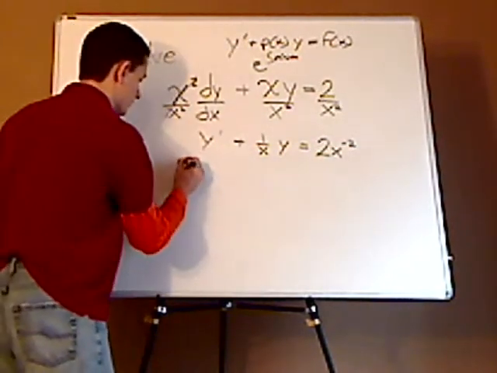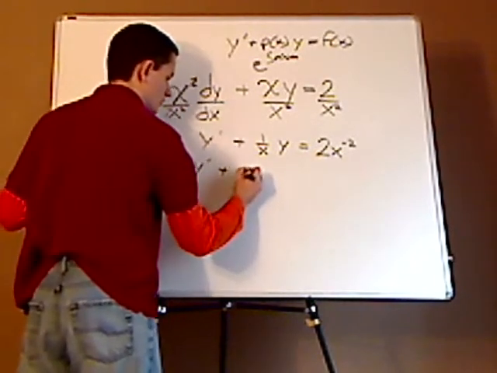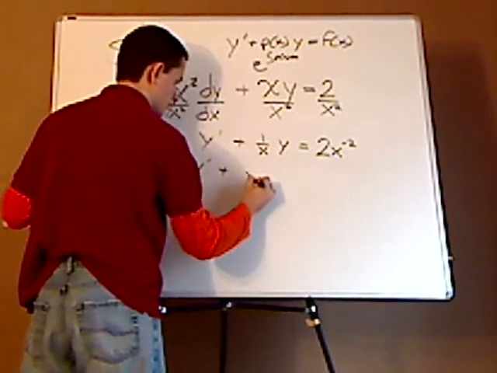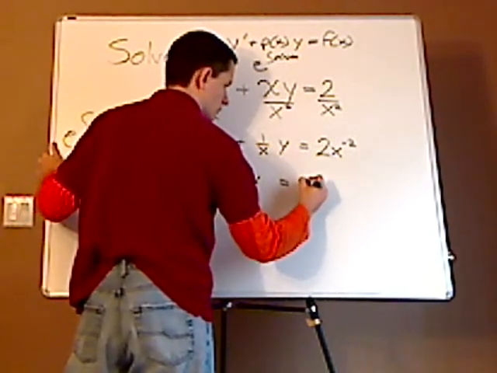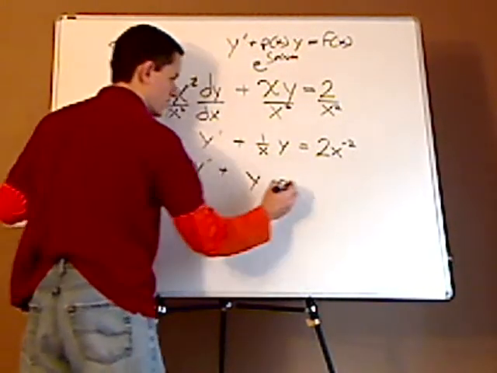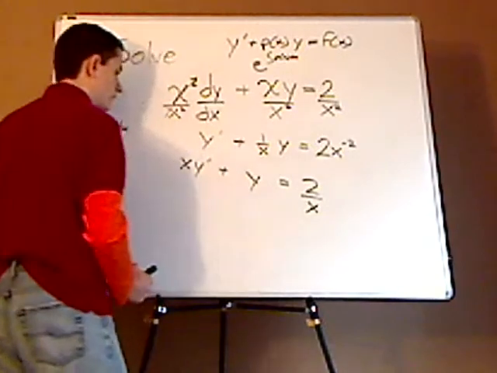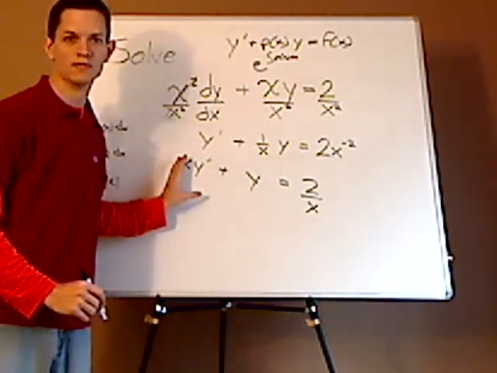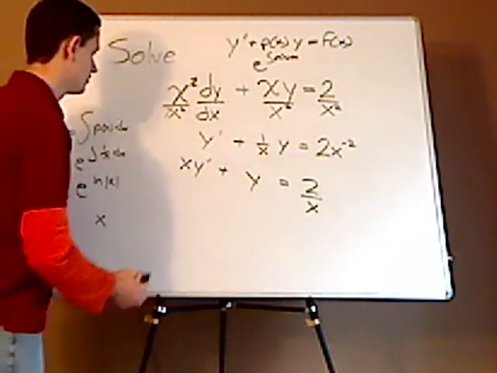When you do that, you have x y prime plus x over x is just y, equals, and you're multiplying everything by x, so it would be 2 over x. Now, this can be transformed. It's the multiplicative rule when you do derivatives.